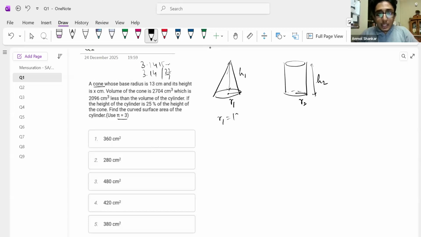R1 is given as 13 centimeter and H1 is given as x centimeter. Volume of the cone is 2704 centimeter cube, which is 2096 centimeter cube less than the volume of the cylinder.